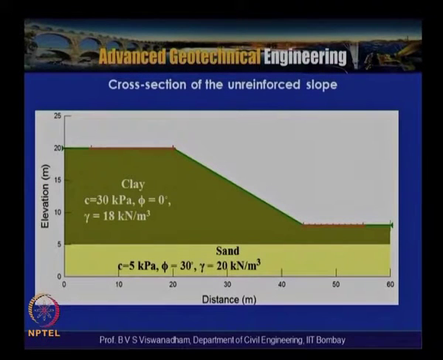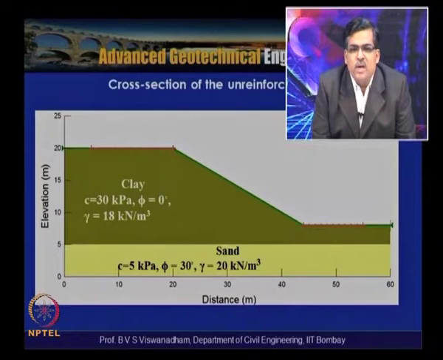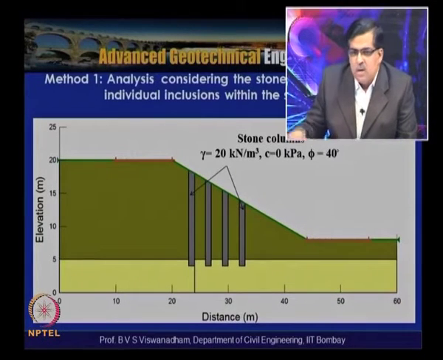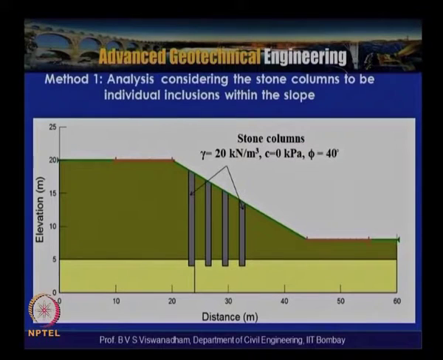This is the cross section of the unreinforced slope, wherein the properties taken are: clay with C of 30 kilopascals and phi equal to 0, and sand with a friction angle of 30 degrees and gamma of 20 kilonewton per meter cube. Now method 1 is the analysis considering the stone columns as individual inclusions within the slope, and here 4 rows of stone columns are shown.